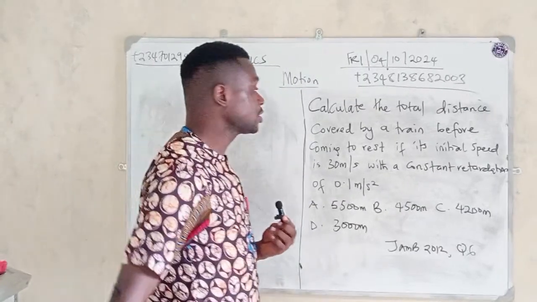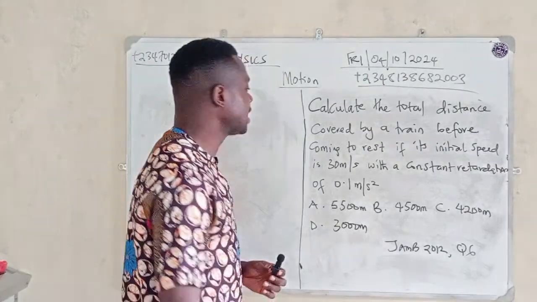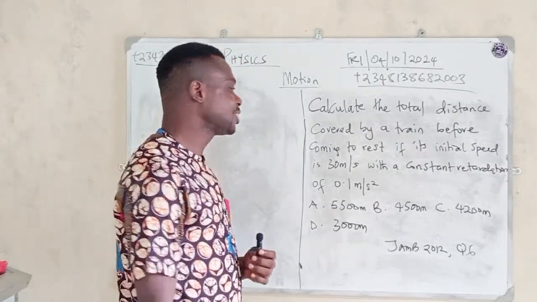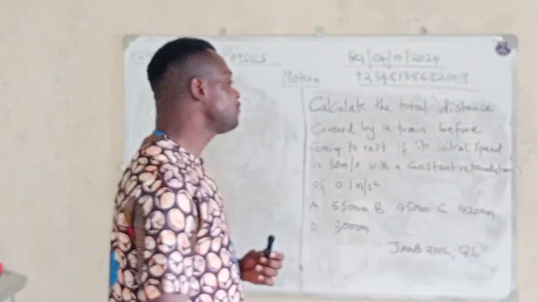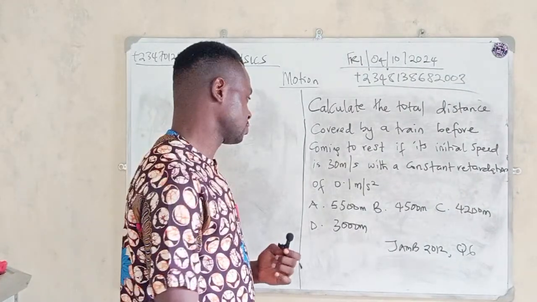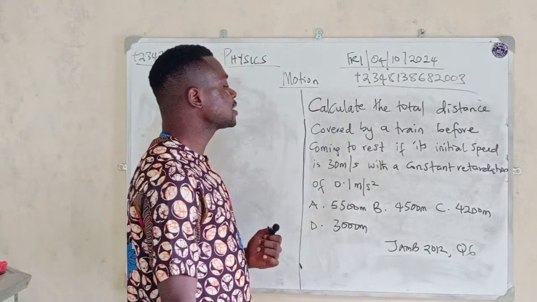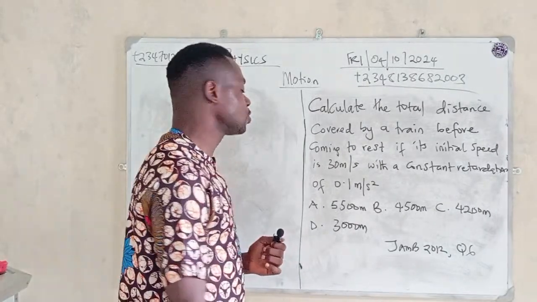Let's look at the question. The question says, calculate the total distance covered by a train before coming to rest if its initial speed is 30 meters per second with a constant retardation of 0.1 meter per second squared.